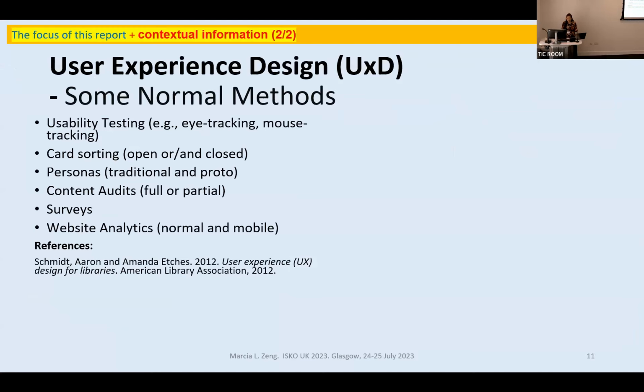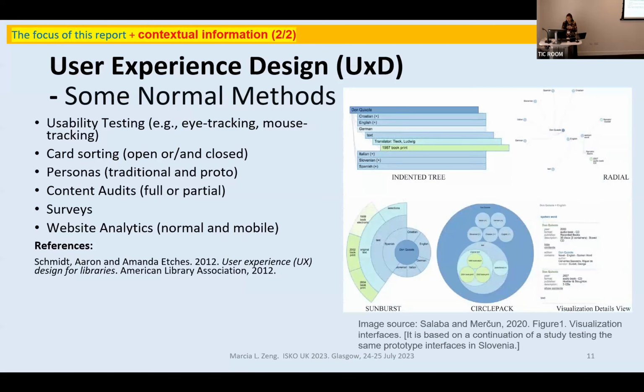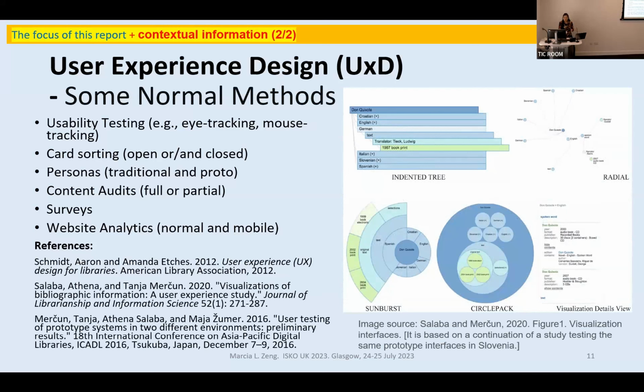Yesterday we already saw Maya and Tanya talking about this, and this is what they have done previously to research. You can see exactly the same kind of information, but presented in different ways, and how users like them, right?